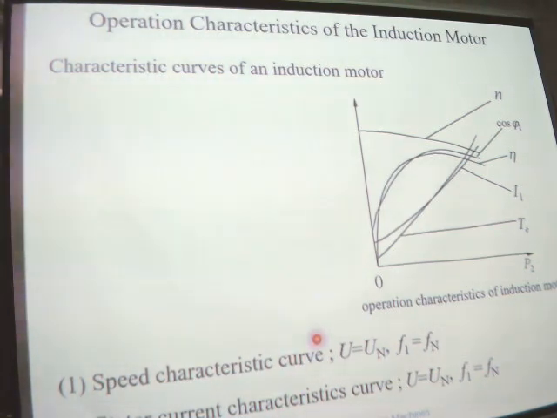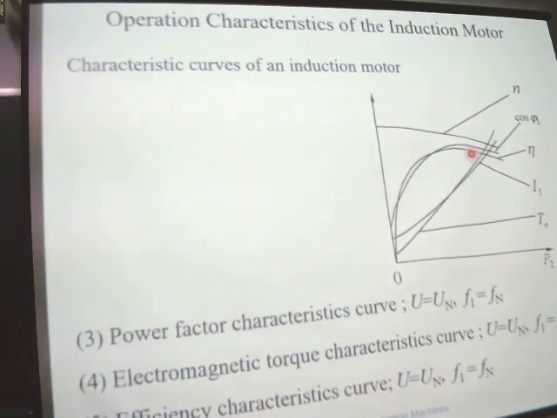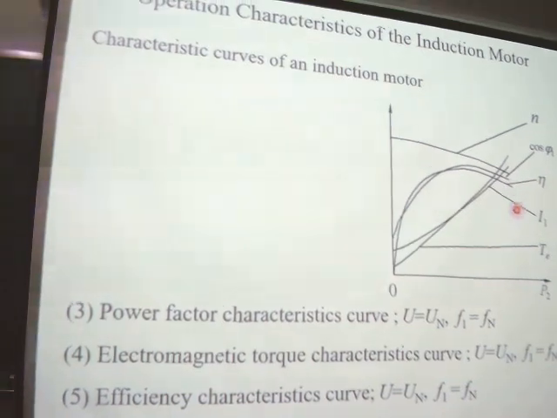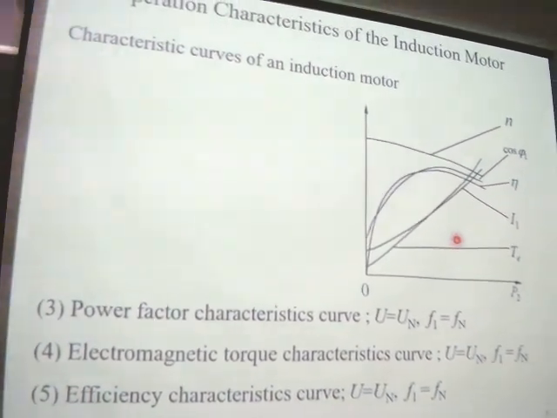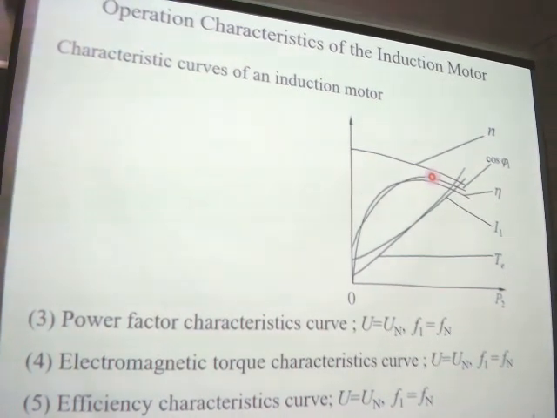So these are two curves. And also the third is the power factor, cosine phi 1. It's so many curves. Cosine phi 1 is this one.